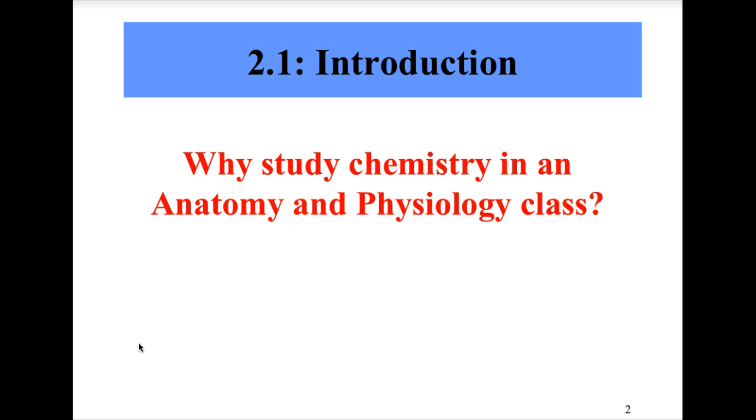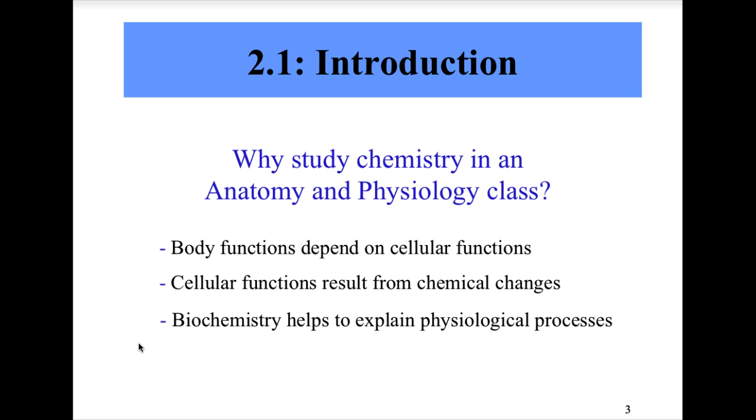So, why study chemistry in an anatomy and physiology class? Let's look at the answer here. Well, in order to understand anatomy and physiology, you need to understand chemistry, because a lot of what we do in biology, especially at the cellular level, has that chemical foundation.